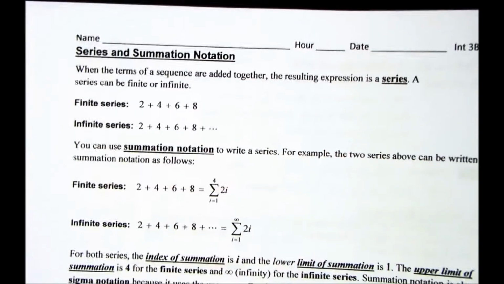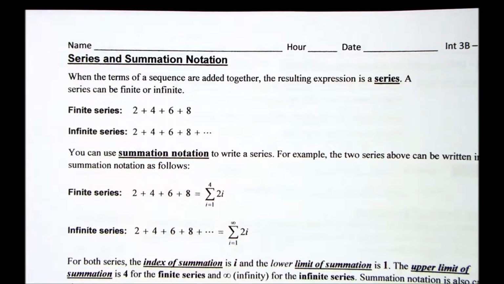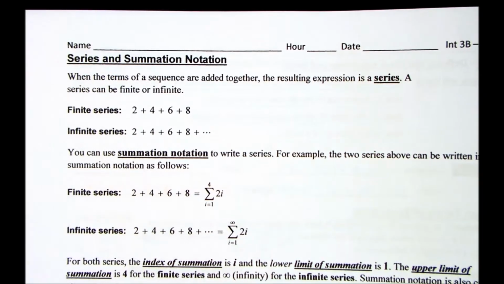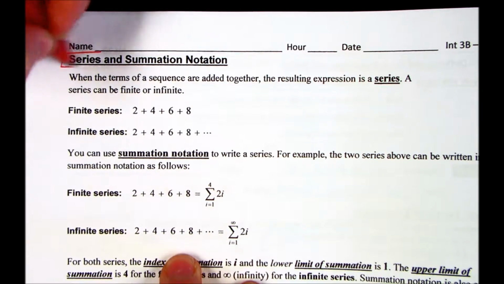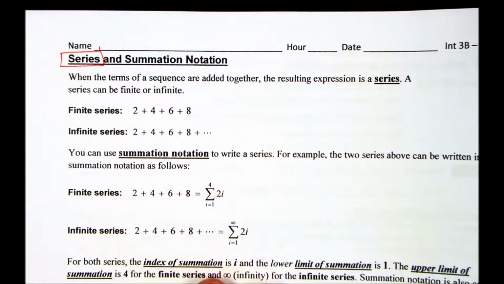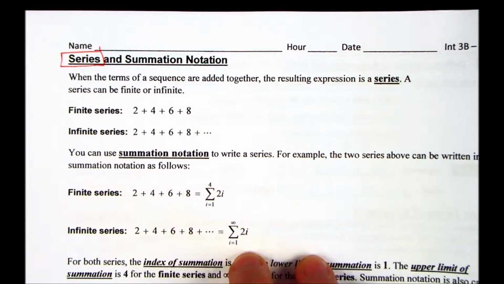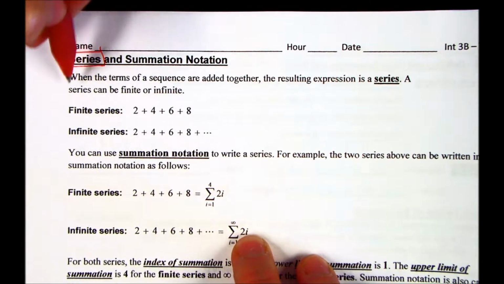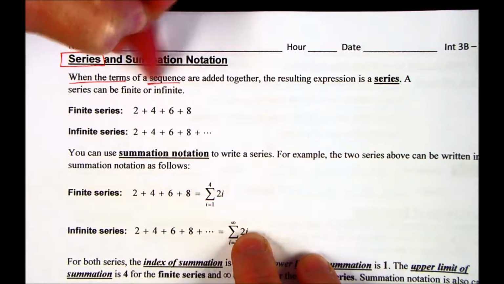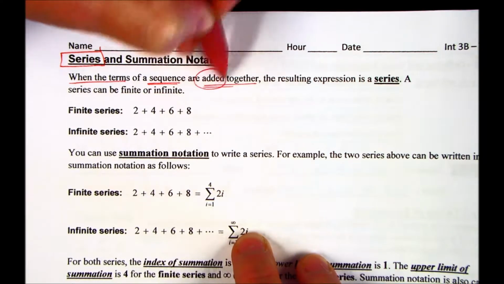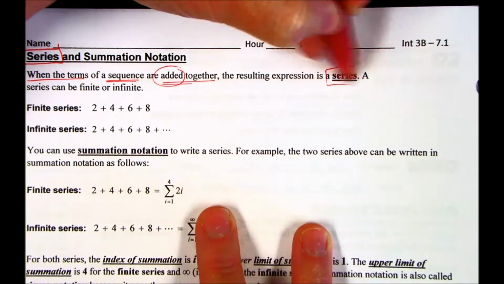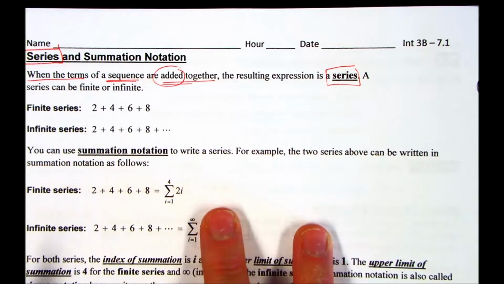Let's now go back to the top of this here. I have series. So series was one of those terms that we're supposed to define on the front side, one of our vocabulary words. And basically a series is when the terms of a sequence are added together. So it's basically the sum of a sequence.